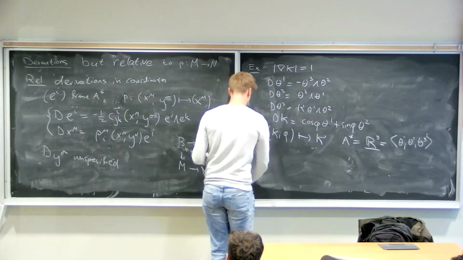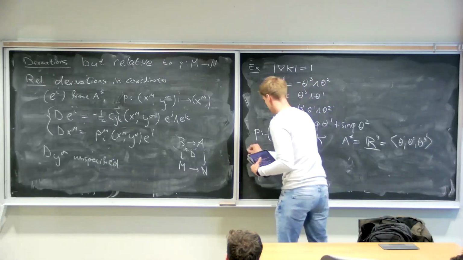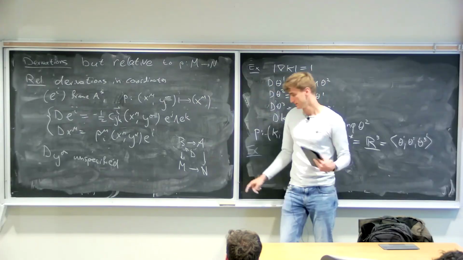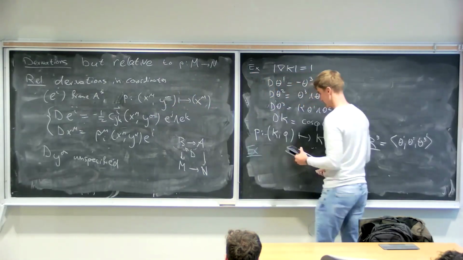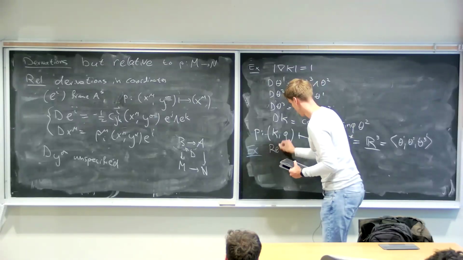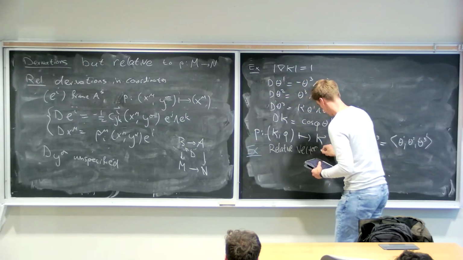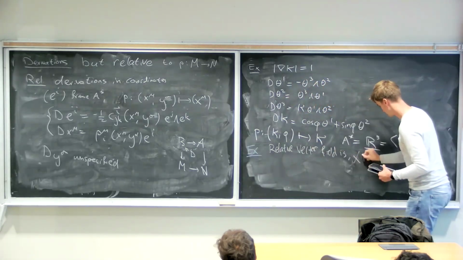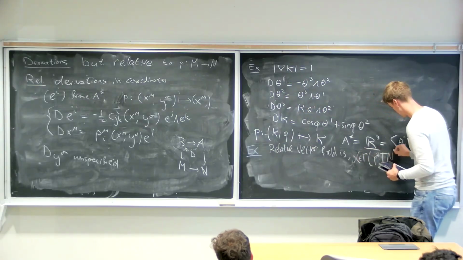Let me tell you what a relative vector field is. Maybe I can try to make up this example. Okay, then A will be R. That's simple enough. So a relative vector field is a section of the pullback bundle, the pullback tangent bundle.